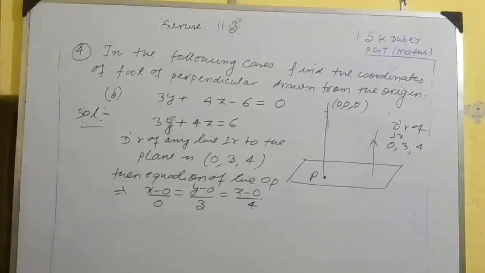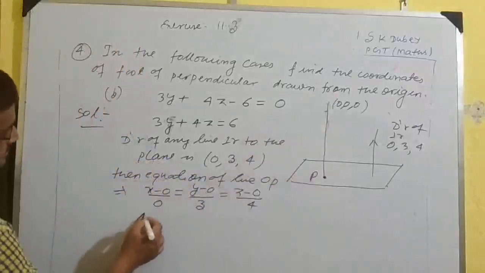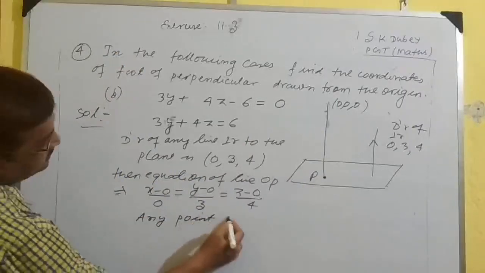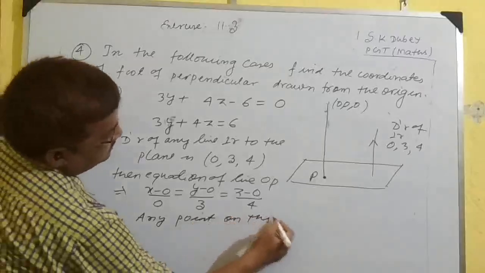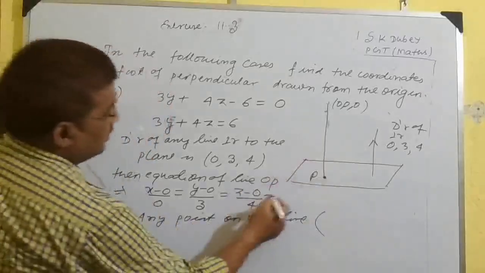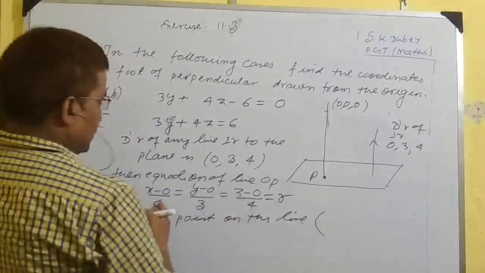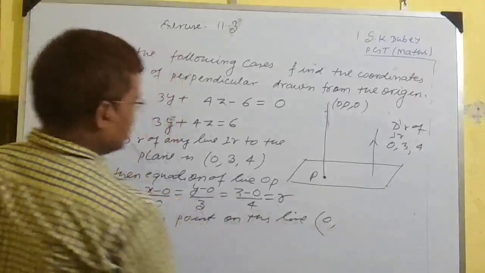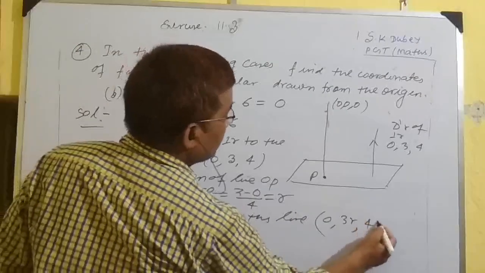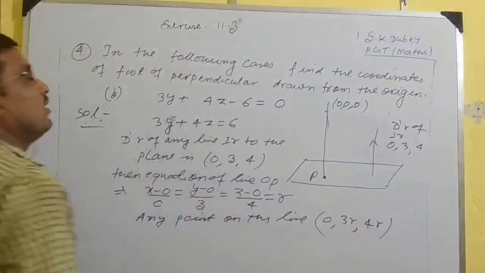Any arbitrary point on this line, if you put this equal to r, then the value of x will be 0, y will be 3r, and z is equal to 4r. So this is the arbitrary point on line OP.